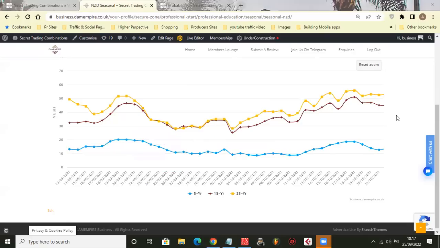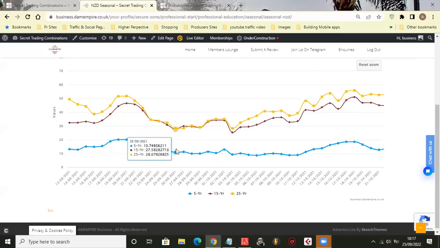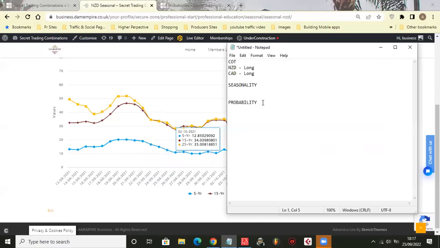So we have up to the 30th right here. Let me just check the calendar for a second. Right here to Friday. We might be able to take this trade maybe from tomorrow, for example, but watch out when it comes to Wednesday. We might have a pullback between Tuesday and Wednesday, and then the market moves back up. So I would call it a medium risk trade.